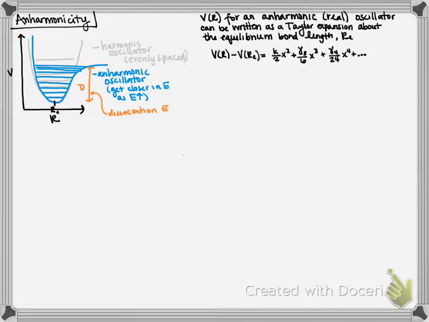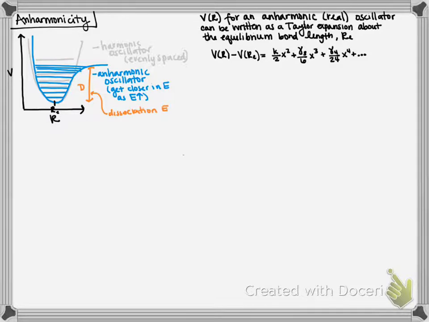We get a squared term, k over 2 x squared, which we're familiar with. Then we get a cubic term, so we get this gamma sub 3 divided by 6 times x cubed. Then we get gamma sub 4 over 24 x to the 4th, so we get a quartic term, and we technically could get infinite terms, but in theory each of these terms gets smaller and smaller, and so it's normally fine to truncate this series pretty early on.